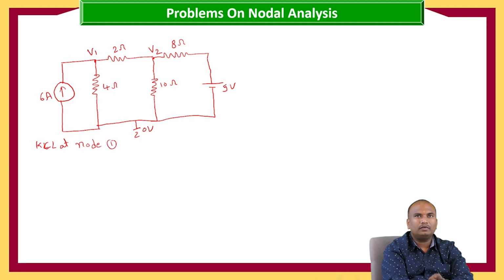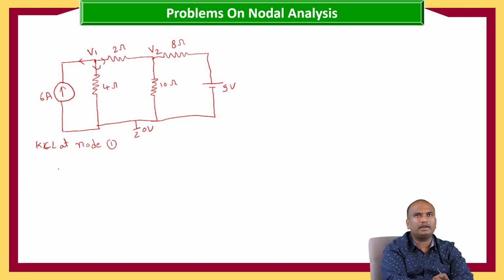KCL at node 1. Here we have to assume that all the currents are leaving from the node. Here, the current flowing through the 6 amperes is in the opposite direction of our assumed direction.